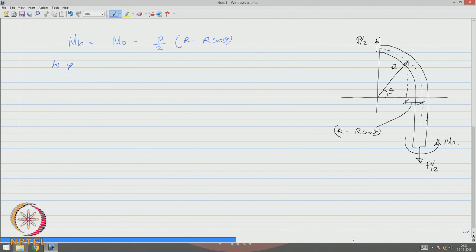So, as per Castigliano's theorem, the strain energy partial derivative should be set to 0, which now indicates that strain energy for the straight portion plus strain energy for the curved portion should be set to 0.